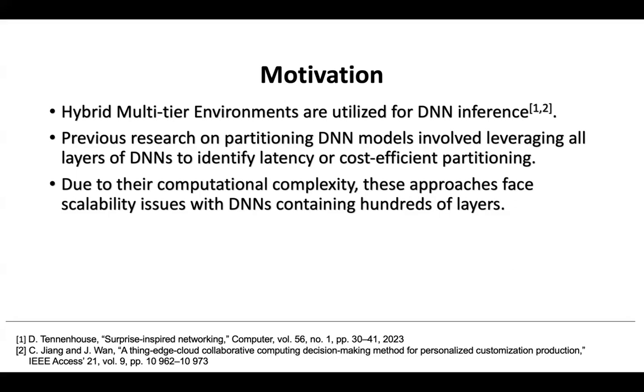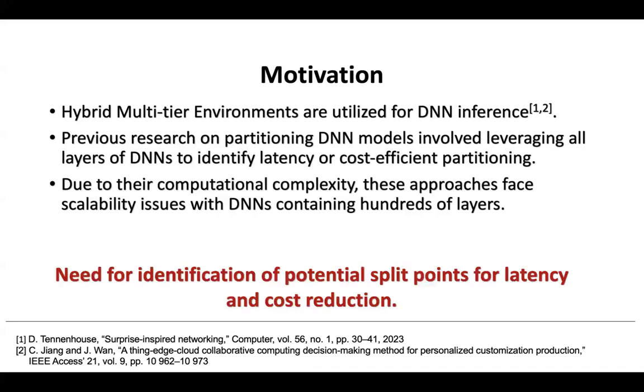So when there are any network, hardware or infrastructure changes, these strategies would have to look through all the hundreds of layers again to change their partitioning decisions, which is not feasible with models with a large number of layers.